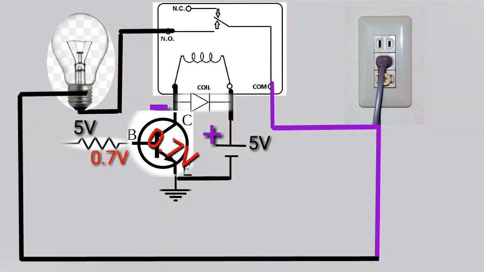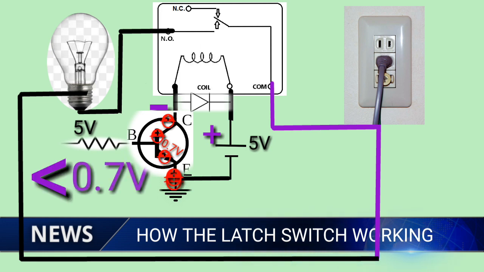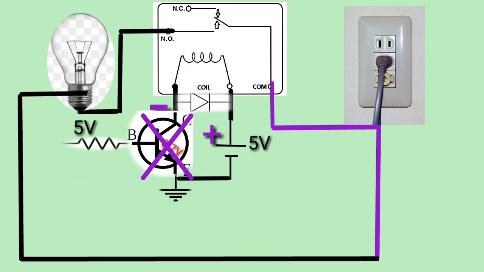So when 0.7 volt is applied to the base of the transistor, the collector emitter will be activated. But when the voltage applied to the base is less than 0.7 volt, the collector emitter will be cut off, meaning the base current controls the collector emitter current.